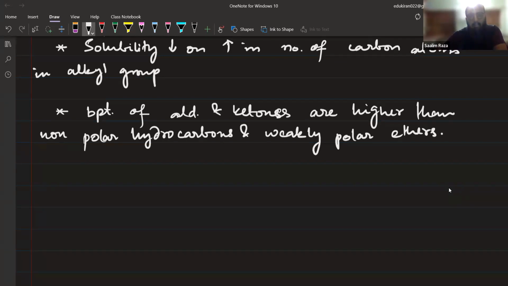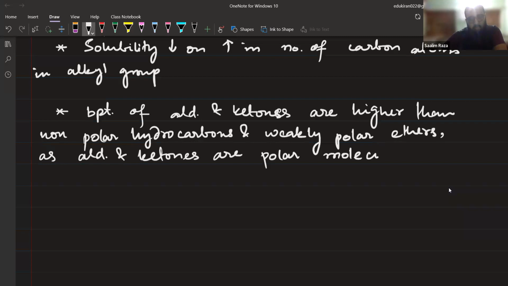So obviously, why? Because aldehydes and ketones are polar molecules. Since aldehydes and ketones have dipole moment, there will be dipole-dipole interaction, and that is why their boiling point is greater than non-polar hydrocarbons and very weakly polar ethers.